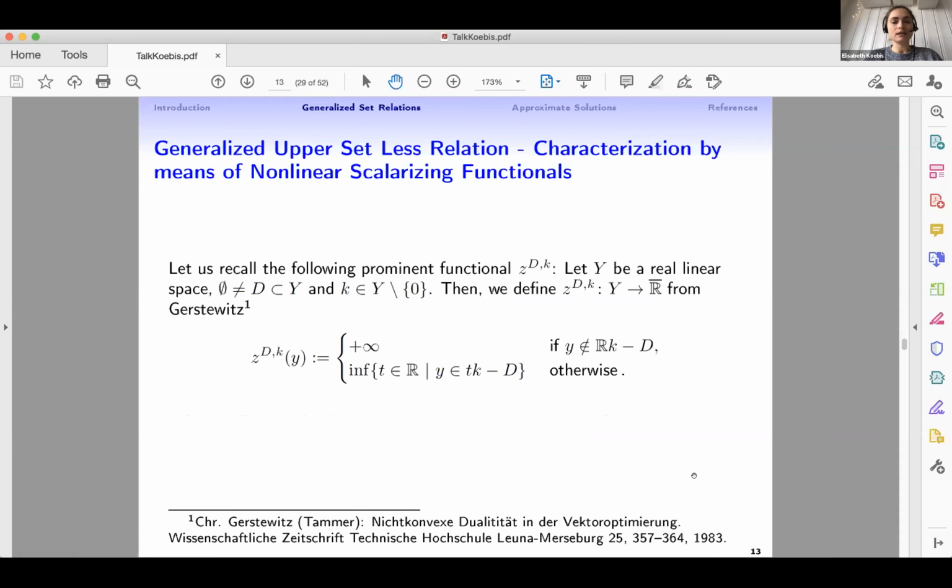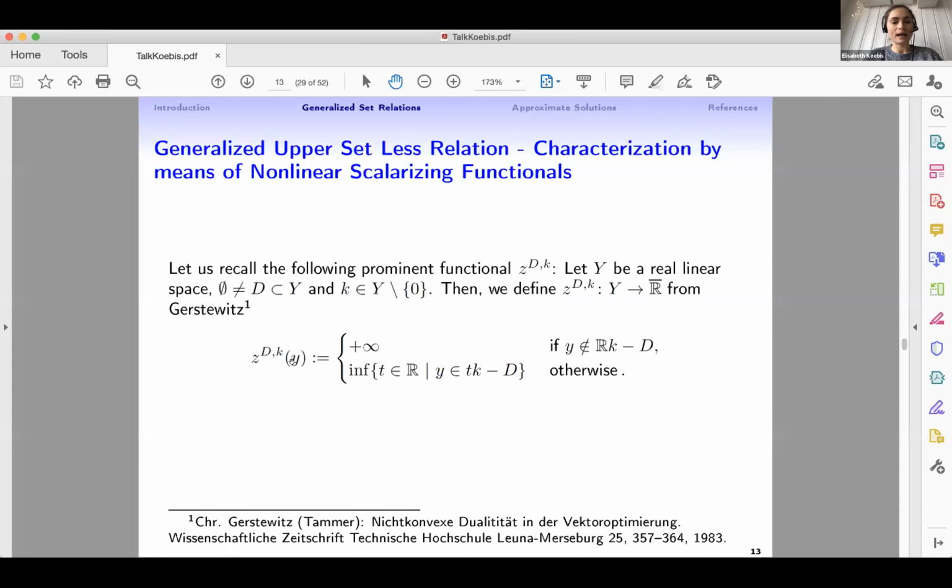Now, the nonlinear scalarizing functional that we want to use is the following. This was first given by Christiane Tammer in the 80s, and we call this functional Z, and the parameters are D and K. So again, Y is a real linear space, D is a non-empty set in Y, and K is a non-zero vector in Y. Then we define this function as the following.